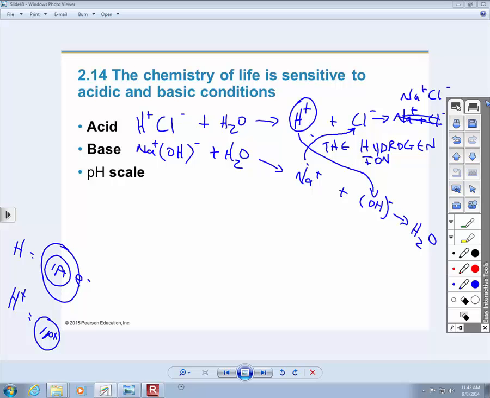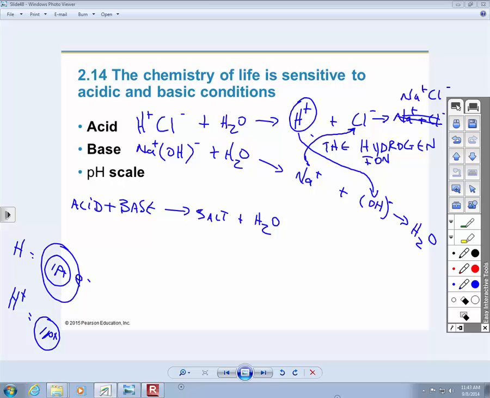So anytime you add acid plus base, what comes out of that is a salt plus water. That's it. Acid plus base, salt and water. If you follow the arrows, you can see how that would happen.